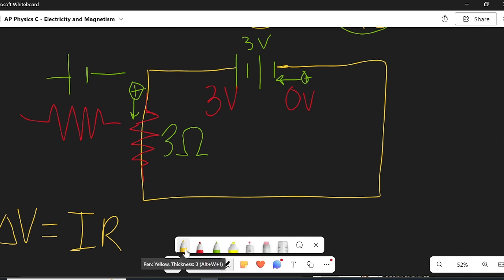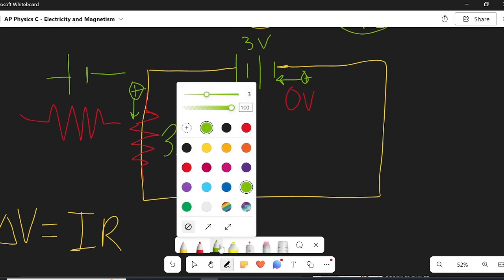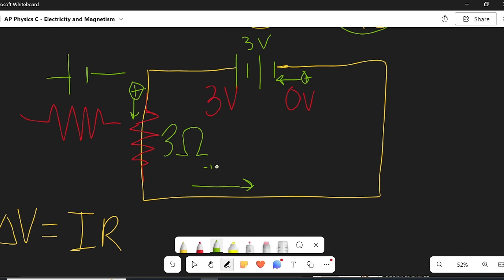So, for example, this current passing through, let's just say I_A. This is the current passing through. We're solving for this. We know that in order to be at 0 volts at the end of the circuit, it doesn't lose potential as it goes through the wire, because the wire has negligible resistance.